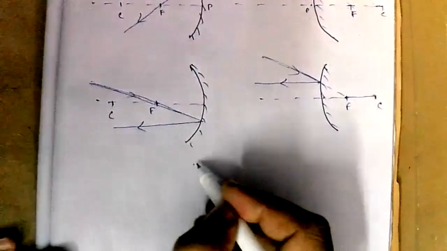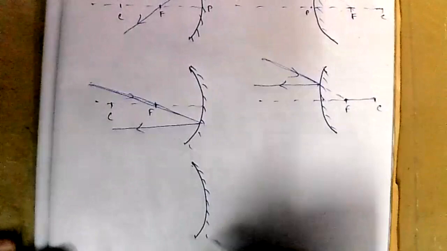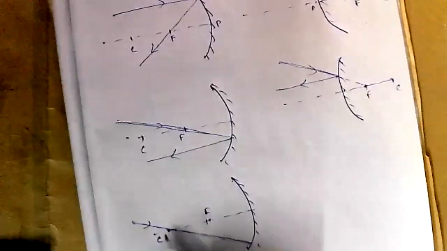Now, the third rule: any ray which is passing through the center of curvature will be incident normally on the surface of the mirror, so after reflection it will just reverse back.